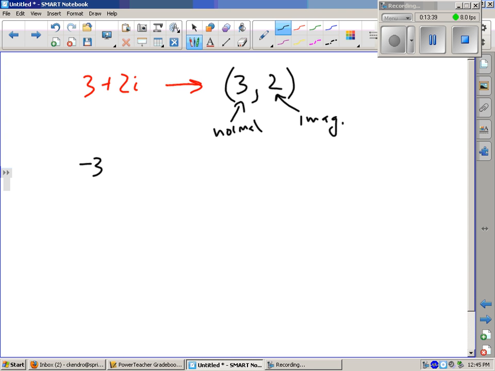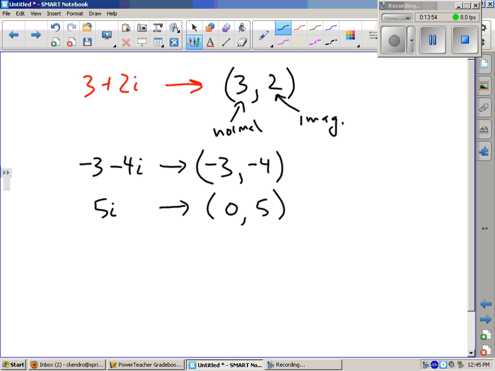If I have negative 3 minus 4i, that would come out as negative 3, negative 4. If I just have 5i, that would come out as 0, 5. Okay, so you get the idea? But when you get this on your calculator, I don't want you to write that. I want you to write this as a solution.